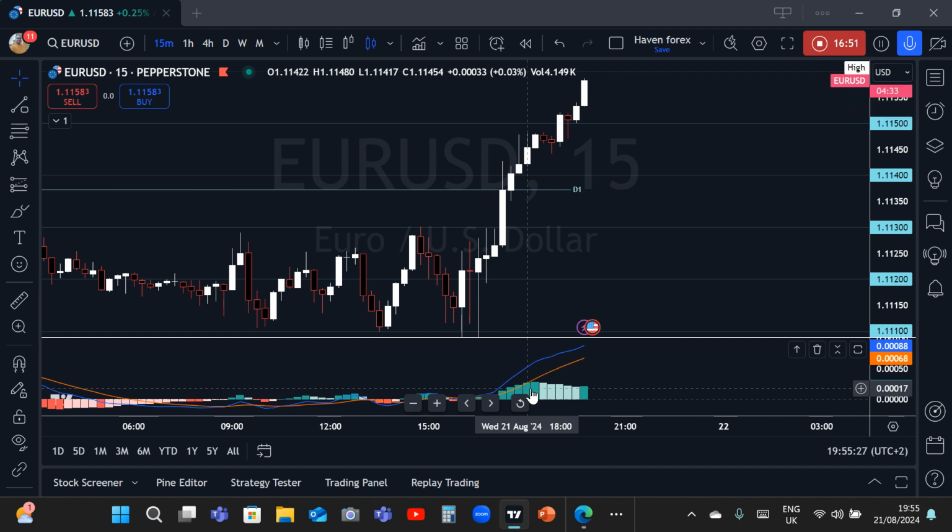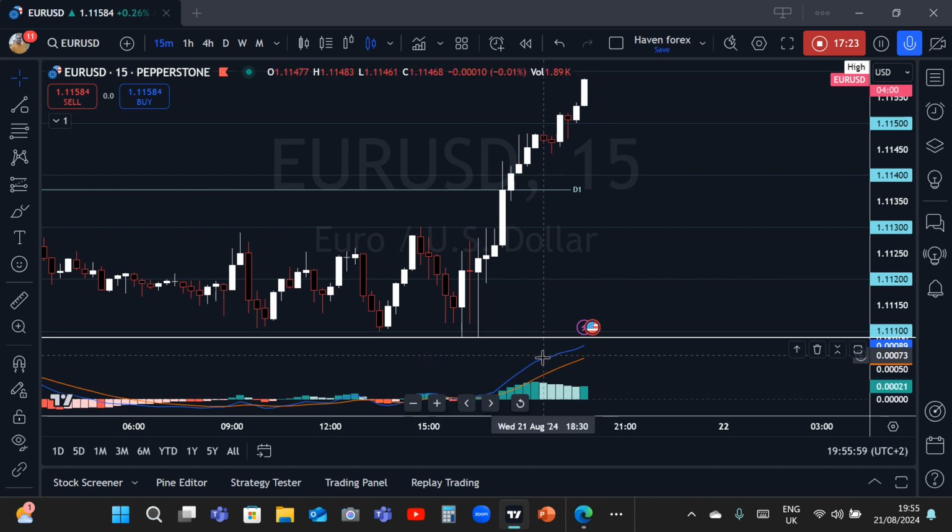The key components are what we call the MACD line, the signal line, then the histogram. This is the MACD line, this is the histogram, and this is the signal line. So it's very, very simple to understand: the MACD line, the histogram, and the signal line.